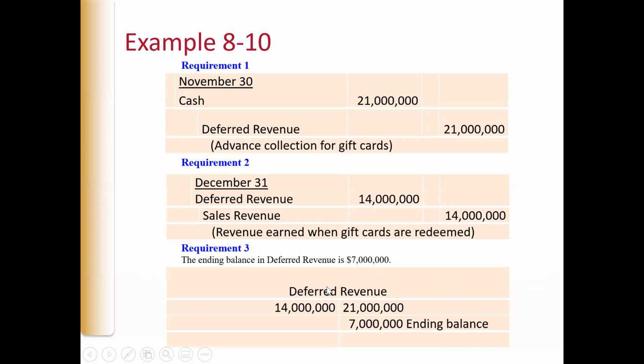So do you see, if we started with 21 million and 14 million is redeemed, that our net ending balance in the deferred revenue account would be 7 million? Does that make sense?